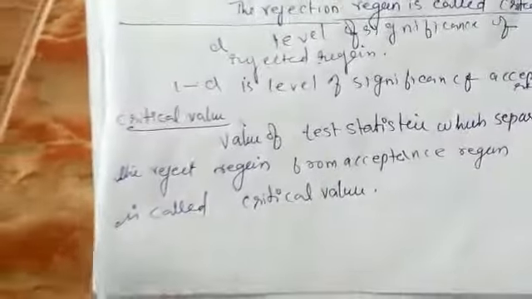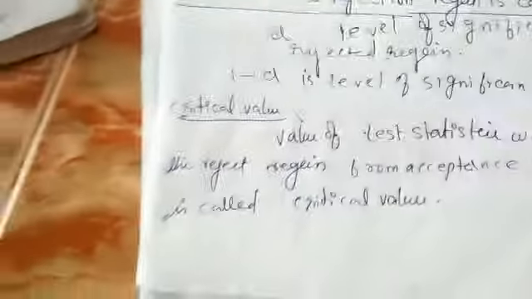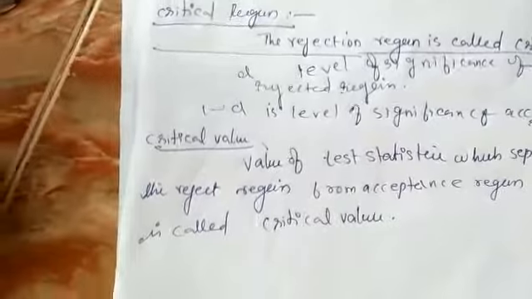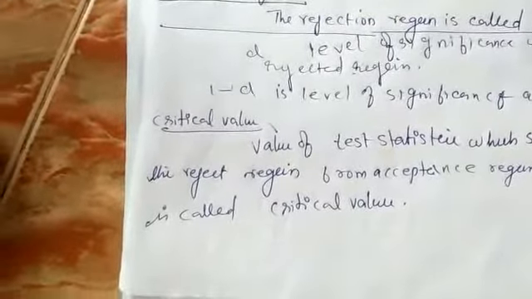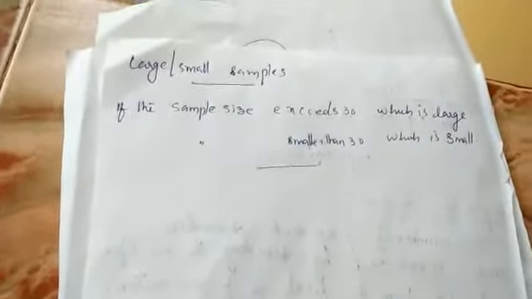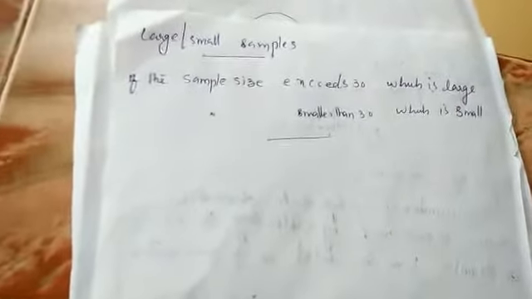The value of the test statistic which separates the rejected region from the accepted region is called the critical value. When sample size exceeds 30, we call it a large sample. If the sample size is less than 30, we call it a small sample.